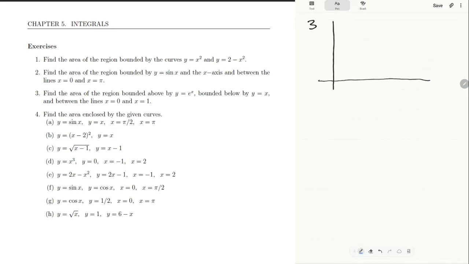So we have the exponential function y equals e to the x. And then we have the line y equals x.